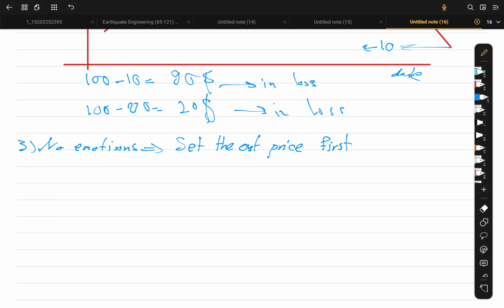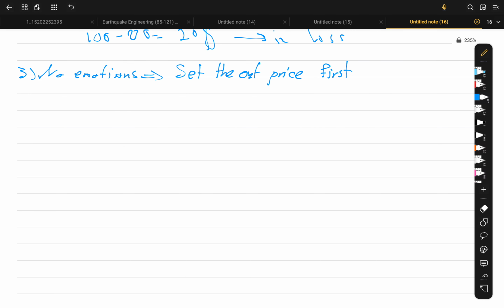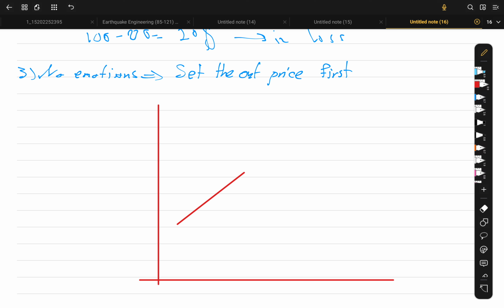What does it mean? It means when you are going to start your trading, for example, let me draw another chart here. Again, we have a chart like this. For example, we buy here.